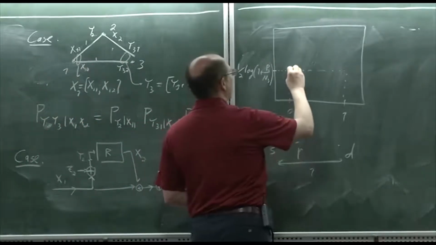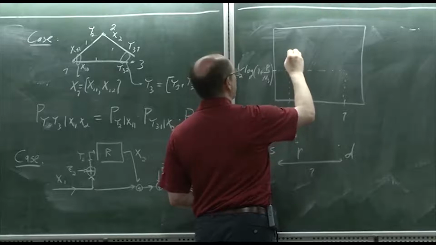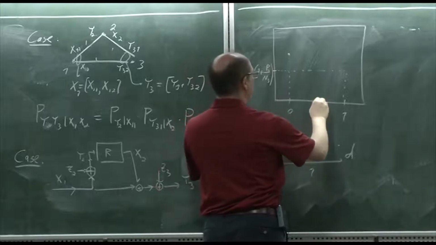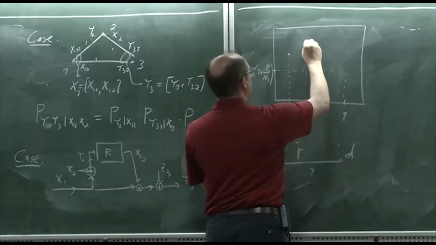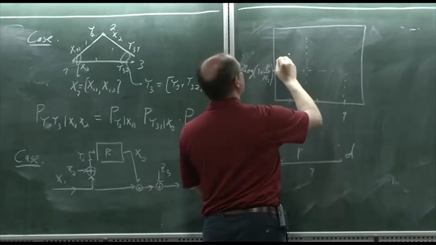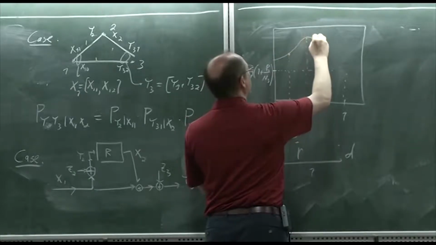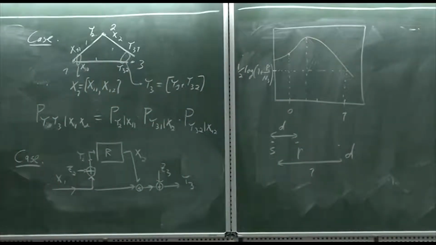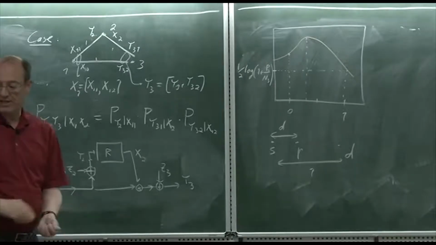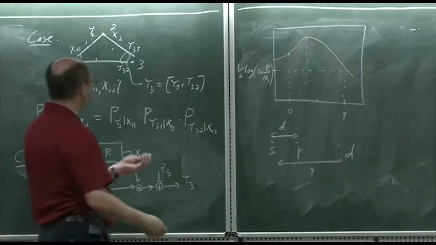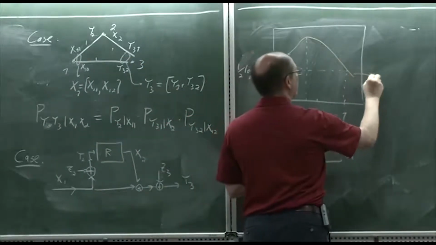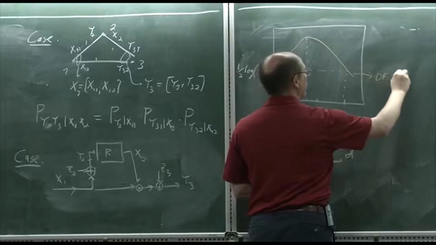Then if we had the relay using decode forward, we got rates that looked like this, which peaked at d equal to 1/2, so it looks something like this. And then when the relay is co-located with the destination, we don't get a gain because the relay has to decode, so that's the decode forward rate, and it turned out to be the same as PDF.